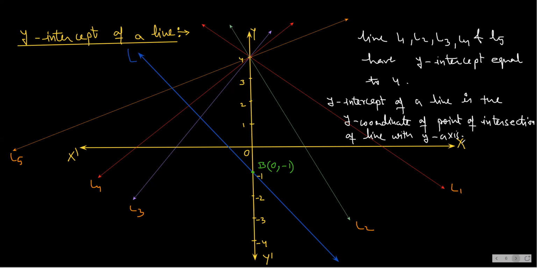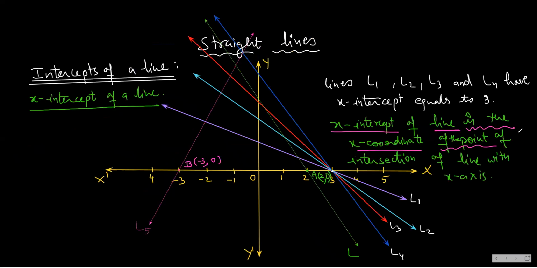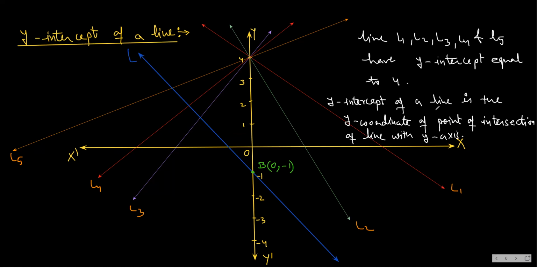Remember, what had you written for x-intercept? You wrote: x-intercept of a line is the x coordinate of the point of intersection of the line with the x-axis. Here you write: y-intercept of a line is the y coordinate of the point of intersection of the line with the y-axis. Okay, I hope you followed it. You will now copy this.